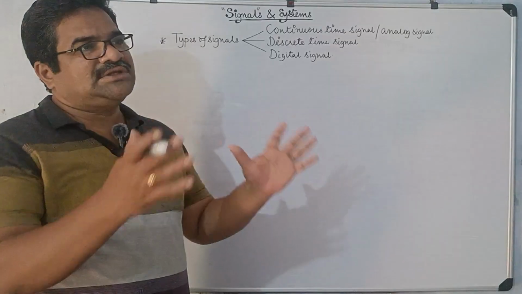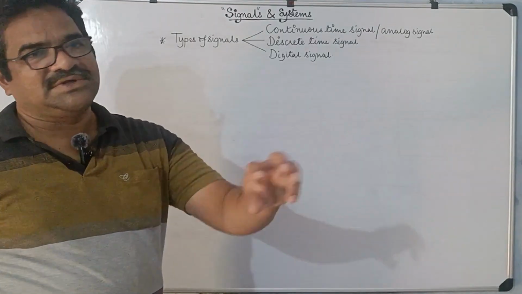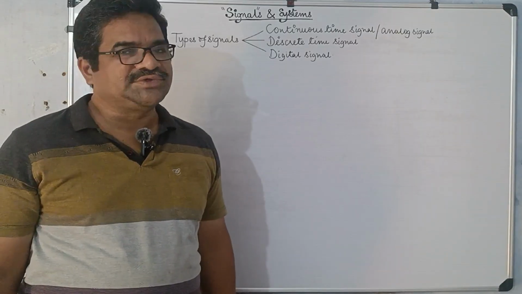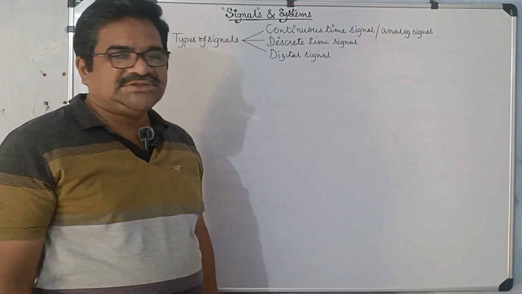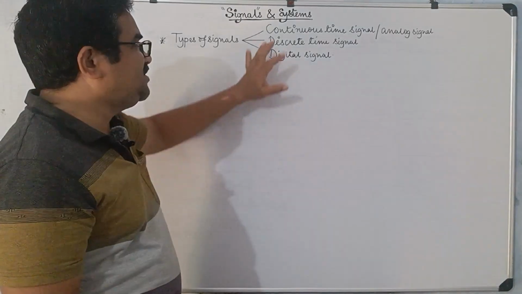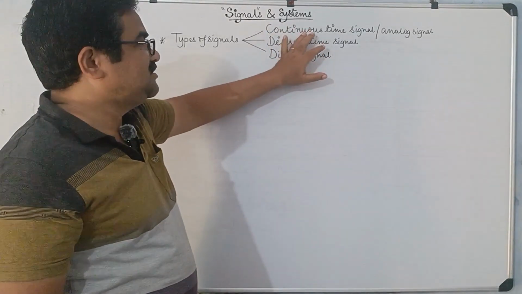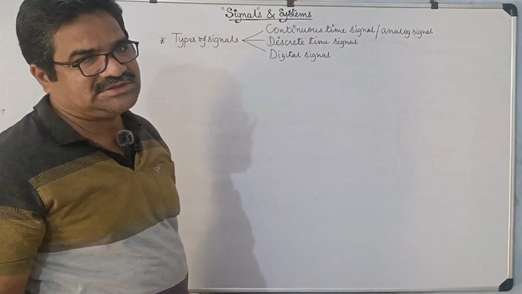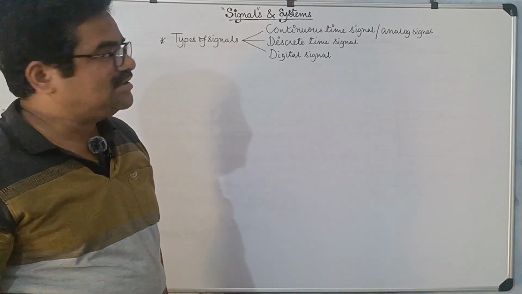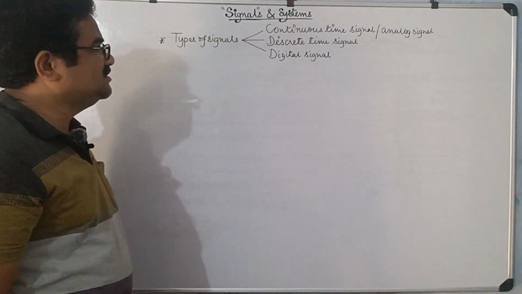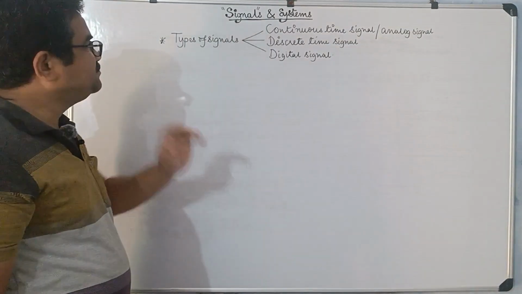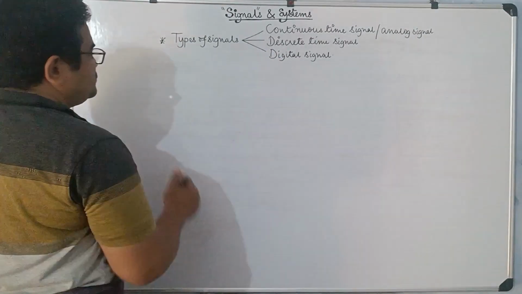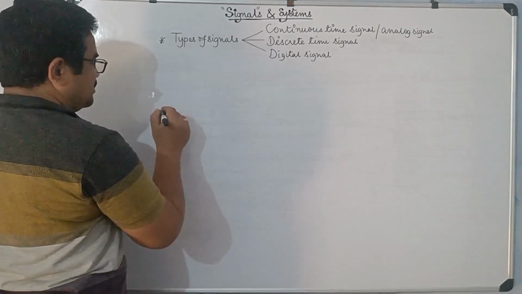Then only the digital device can perform operations on the signal which I am giving as the input. So based on that, we have three types of signals: continuous time signal, then discrete time signal, then digital signal. Finally, a digital signal is obtained. Now, let us see one by one what is a continuous time signal or analog signal.